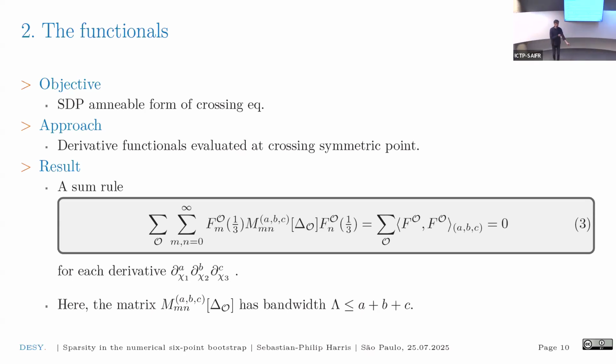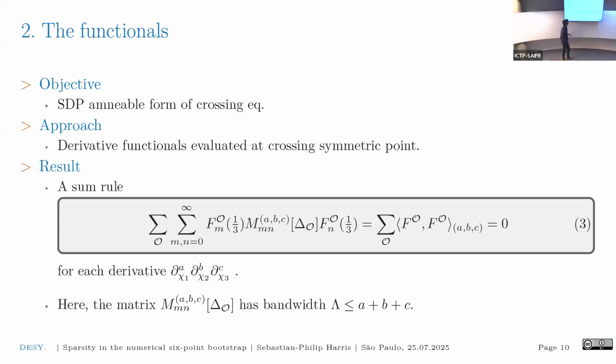The entries of this matrix can be written down very explicitly, and they depend only on the dimension delta_O of the operator that's exchanged. Of course, they also depend on delta_phi of the external operator, but that's just going to be fixed.